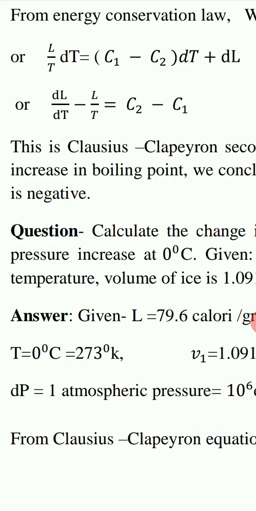So L decreases when T increases. So dl upon dt is negative. So left hand side is negative. So we must have right hand side equal to negative quantity. So C1 must be greater than C2. C2 must be less than C1.